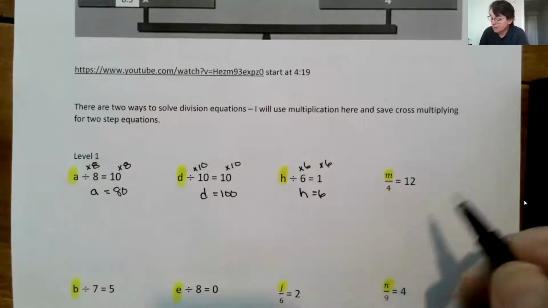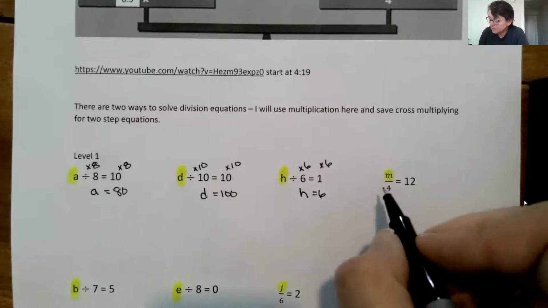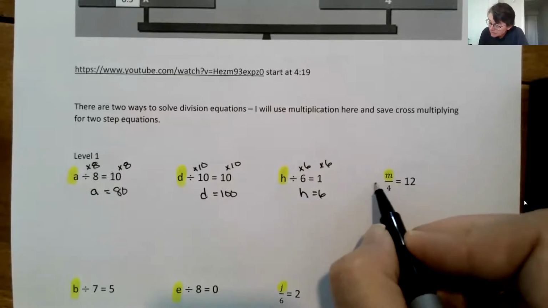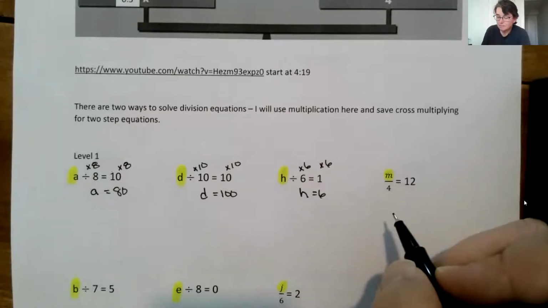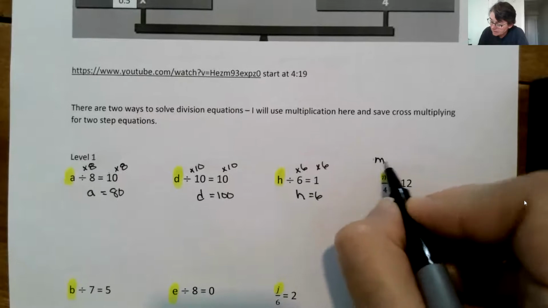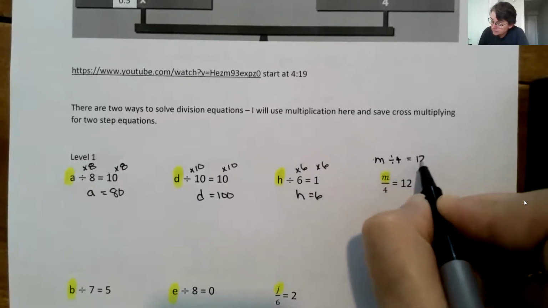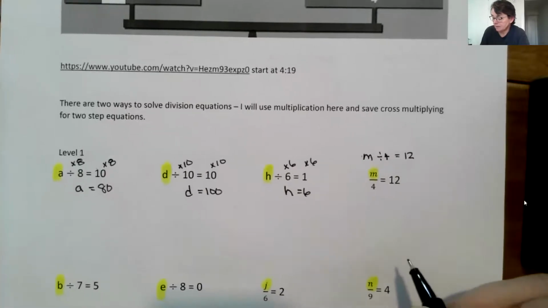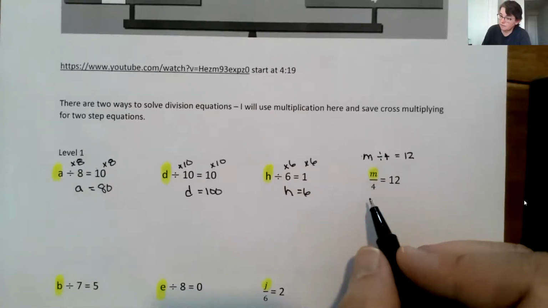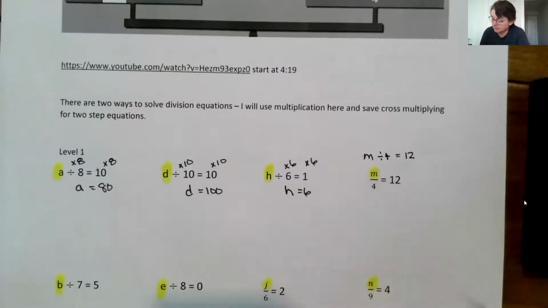Ta-da. Now here's one that's written in the other form. Well, really what this means is this fraction line is just a different way of writing division. So this is exactly the same as m divided by 4 is equal to 12. But sometimes, for whatever reason, the textbook or your instructor or me is going to write it this way.